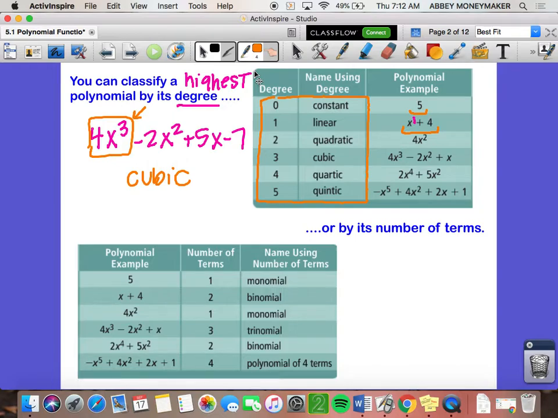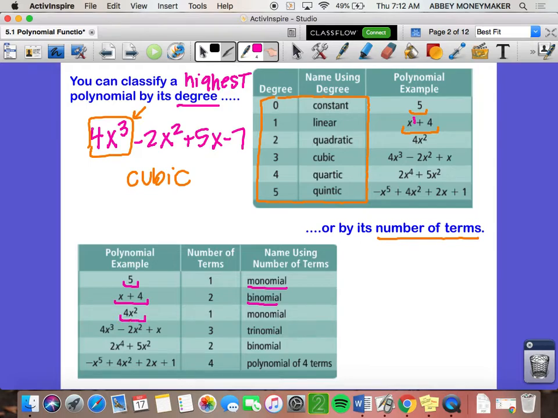Now, the second name of a polynomial is determined by the number of terms. So how many terms are present in the polynomial? If you only have one term, that's called a monomial. If you have 2 terms, that's a binomial.